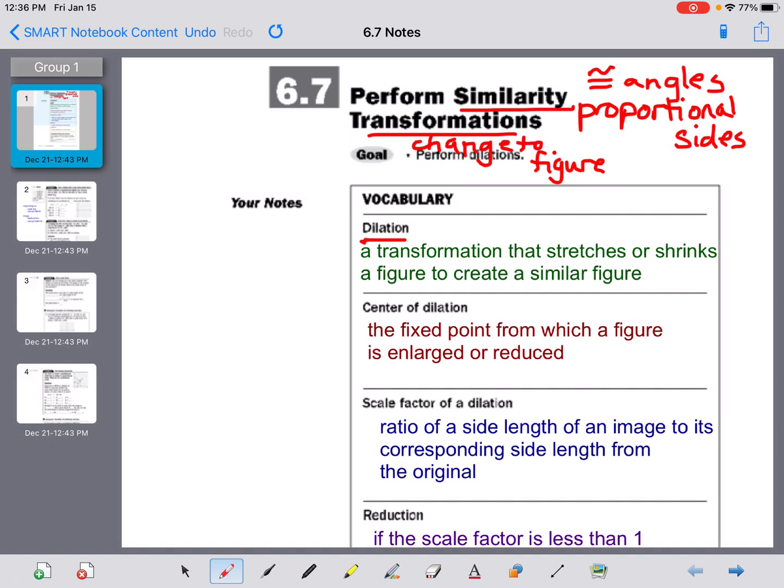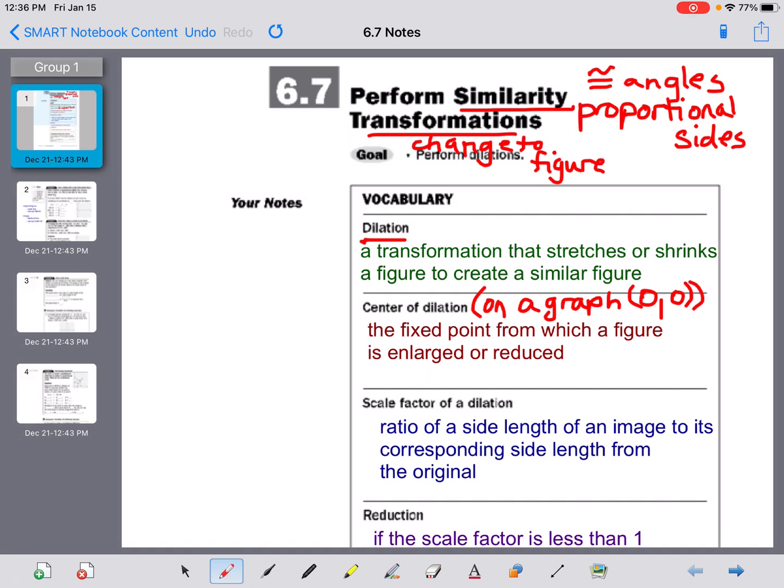The center of dilation is the fixed point from which a figure is enlarged or reduced. And as we graph, I'm going to point that out a little more so you understand what that center of dilation is. Usually on a graph, that point is going to be the point 0, 0, the origin. It could be different, and we can do dilations off of a graph, but just know there is always a center of dilation.